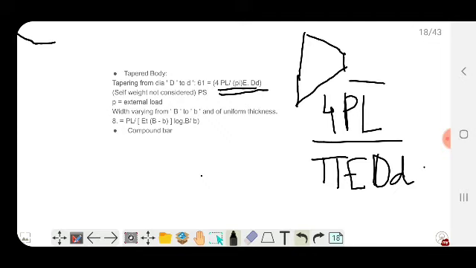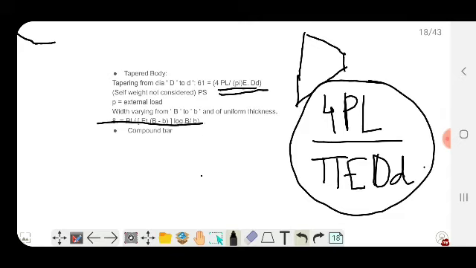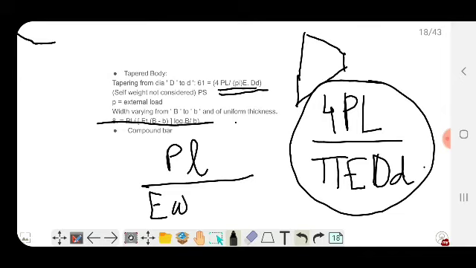And if we are considering rectangular cross section, it is PL by E w, if we have taken the width to be w, into (B minus b) log B by b.